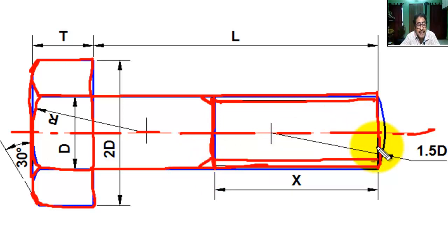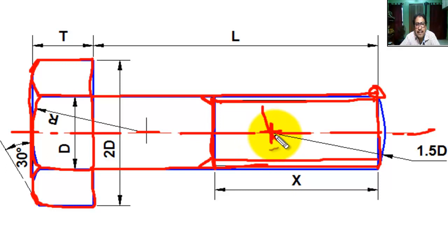Next, with radius 1.5d and center at this point, we draw an arc first. Then we find the center. This is the center point.